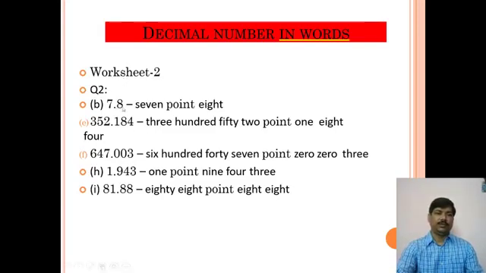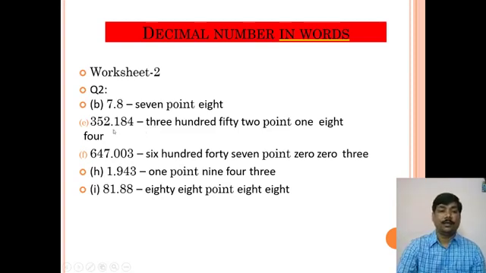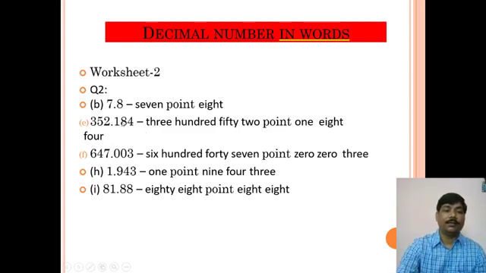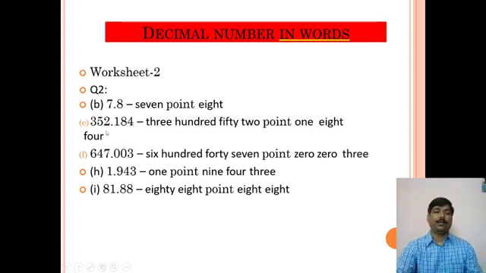In worksheet 2, how do we read this number, 7.8? In this method, we read the digits after the decimal one by one. Like in this number.